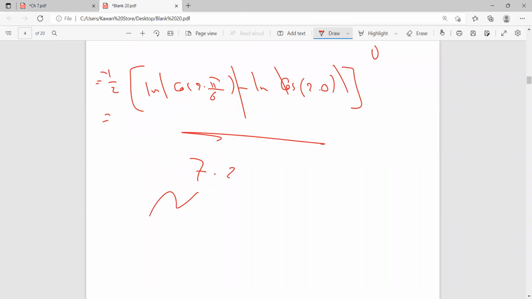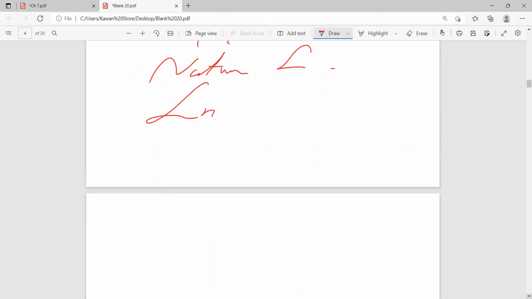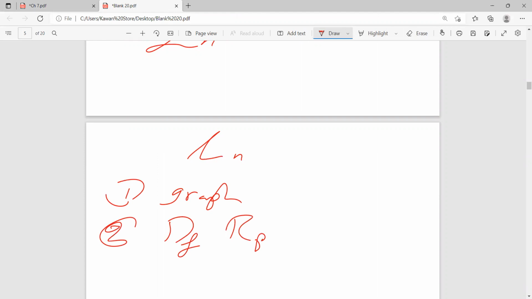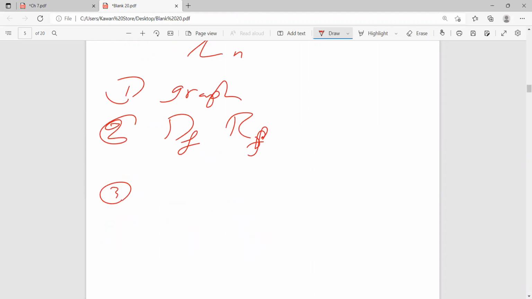We have natural logarithm, which means the ln. The important things here with the ln: first, the graph; second, the domain and range of this ln; third, properties; fourth, derivative.